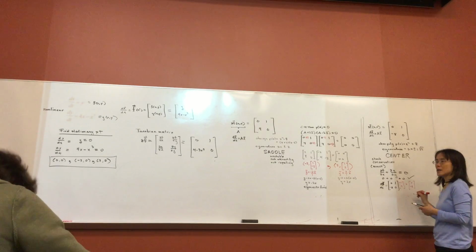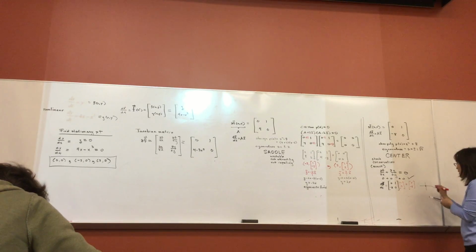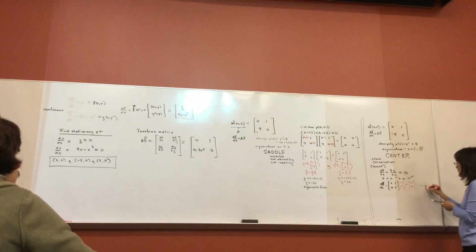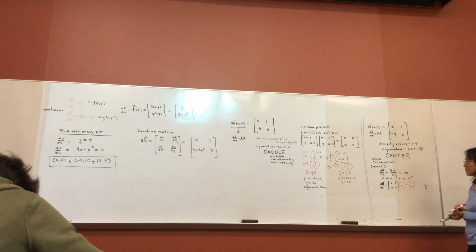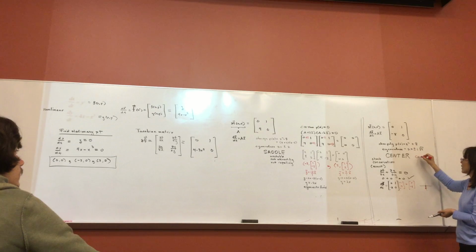If it's 0, minus 8, this is in the tilde system, this is in x naught, y naught. You're pointing down, so is that clockwise or counterclockwise? It is clockwise.